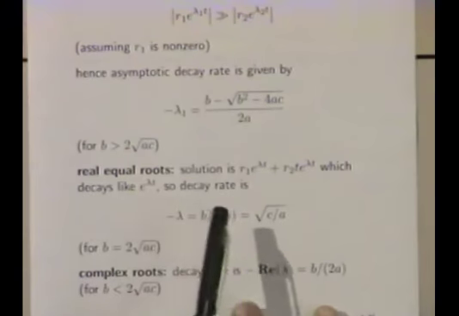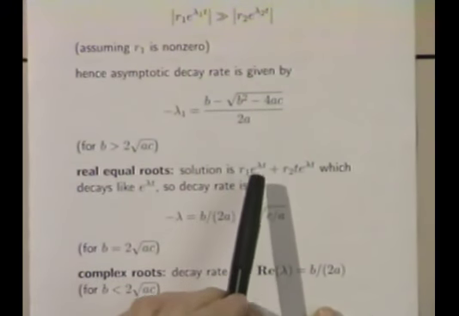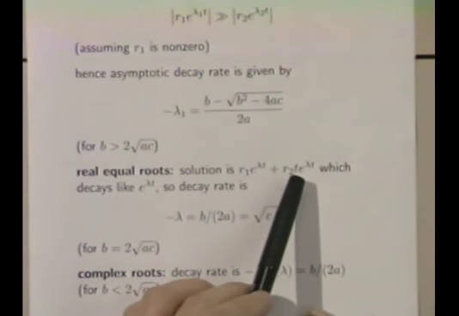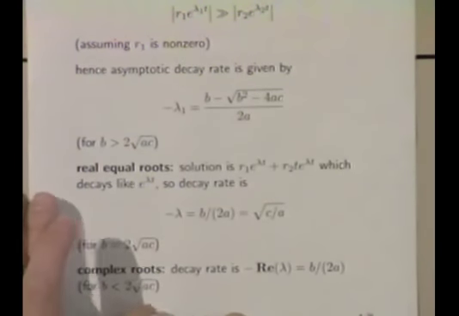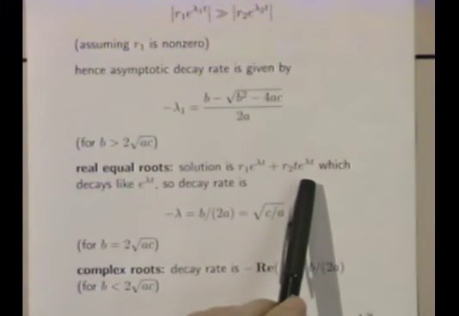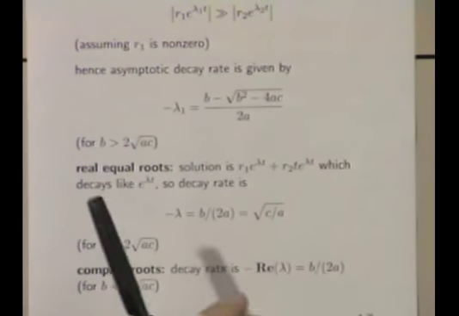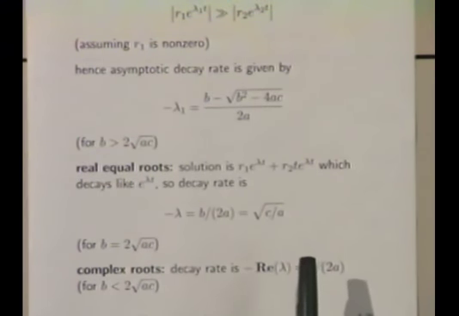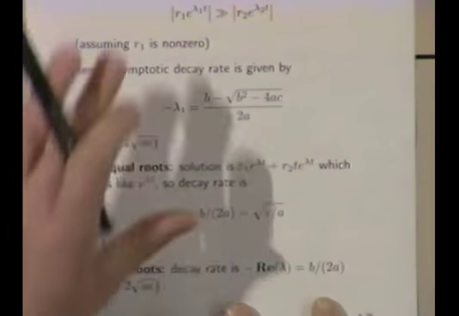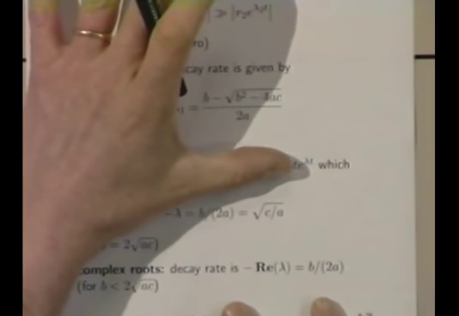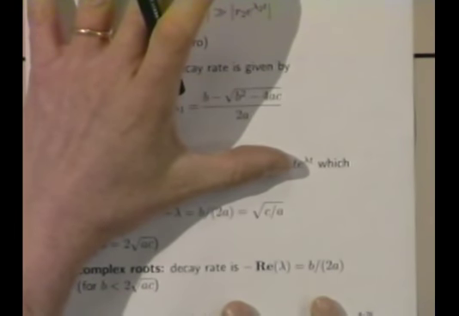If you have real equal roots, you have an e to the lambda t term and a t e to the lambda t term. And in fact, the decay rate is basically e to the lambda t. And so you could argue about this, right, about what decay rate means. For example, some people would say, well, no, wait a minute, that's foolish. t e to the lambda t is a lot bigger than e to the lambda t, right?